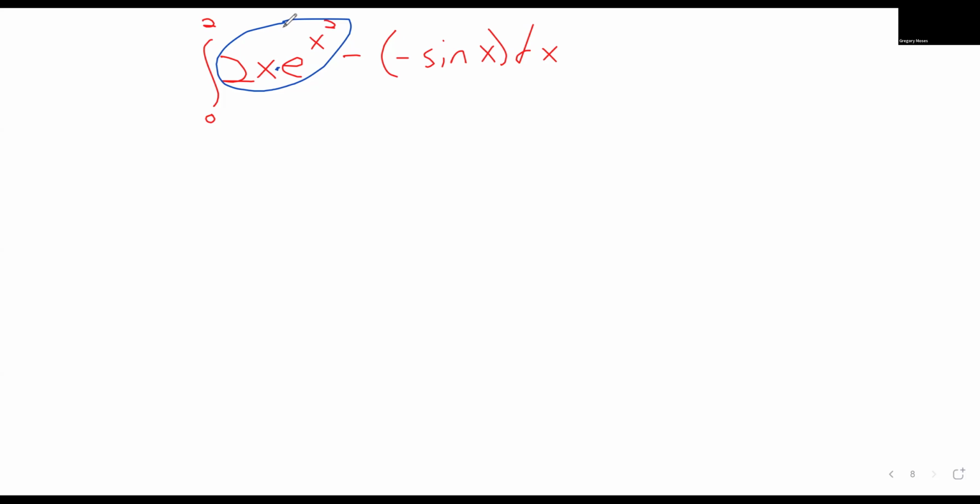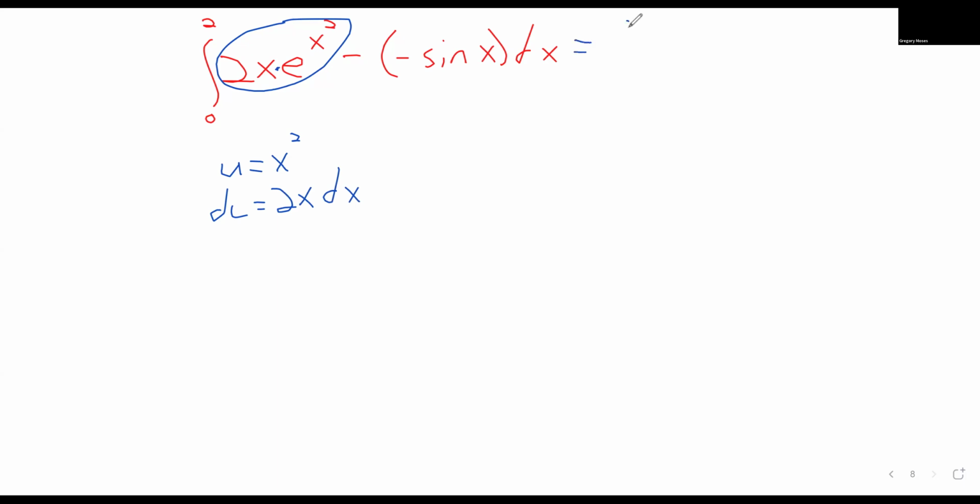And this is u substitution. What would a sensible choice of u be here? x squared. du is 2x dx. That's exactly what we have. Everything's perfect. But of course, then we go over here and we have the sine of x, and there's no way to convert the sine of x into u.